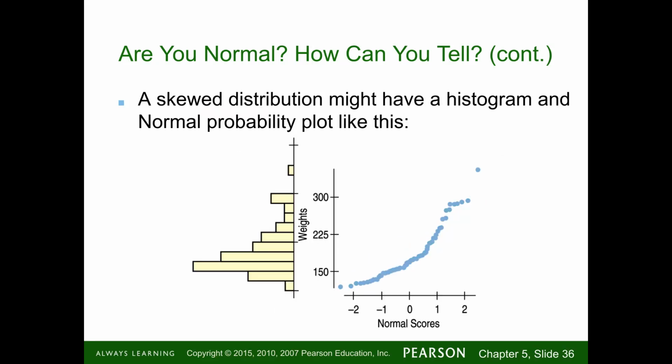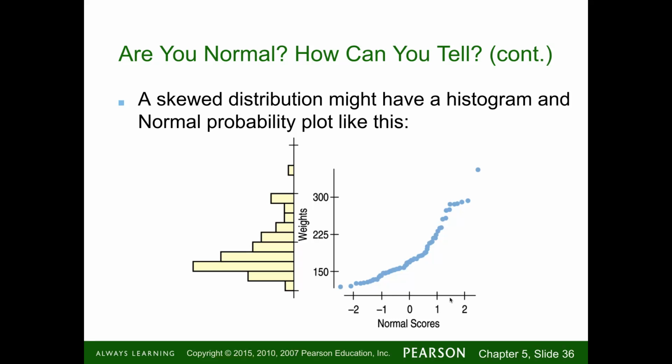Now, if you look at this one, this is skewed data. See how the probability plot is kind of curved? See how that works? And we'll talk about how you do that. Basically, what you're doing is you're plotting the actual values versus the normal scores.